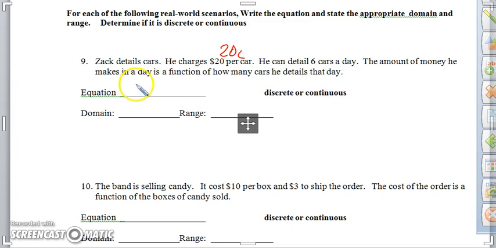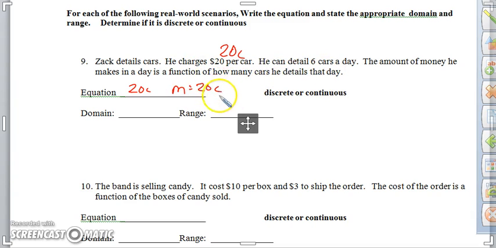Okay, making our equation, we basically already made it. It's just going to be 20C, right? Or we could say how much money M equals $20 times the number of cars. Well, let's think about our domain. We're going to change the number of cars because this function money is based on how many cars he details in a day.